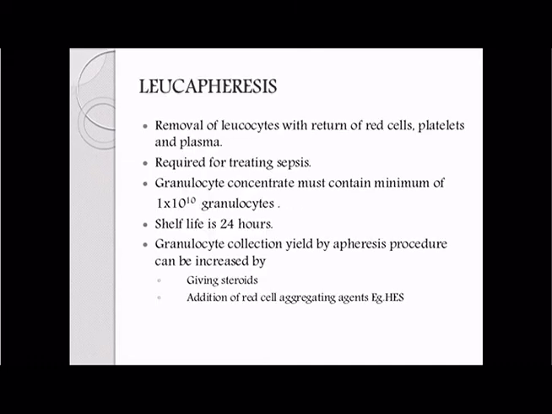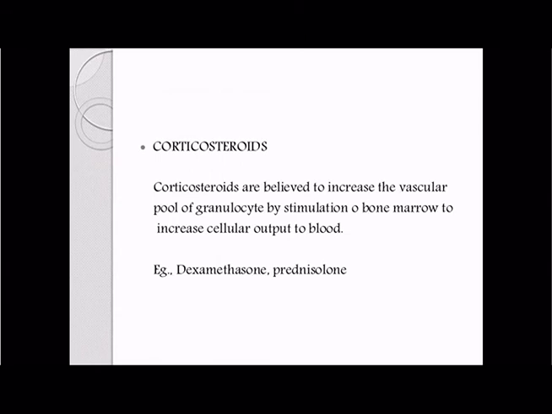By giving this, the yield of granulocyte can be increased. When you give corticosteroids, it increases the vascular pool of the WBCs by stimulating the bone marrow to increase the cellular output of the blood. Examples of corticosteroids are dexamethasone or prednisolone.